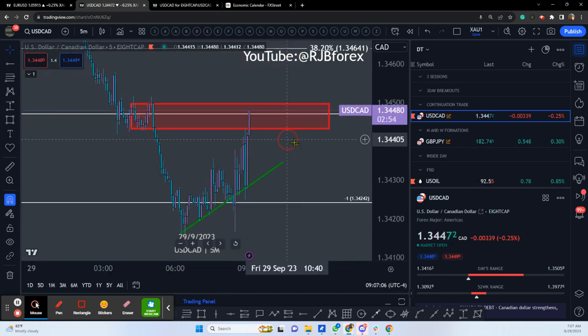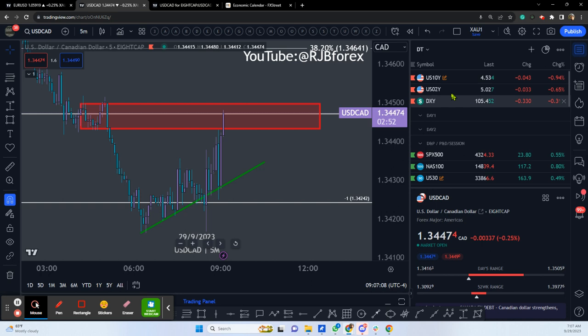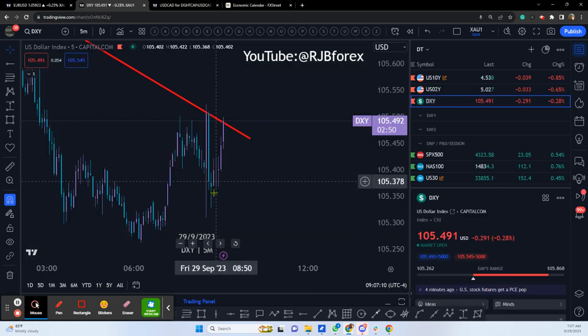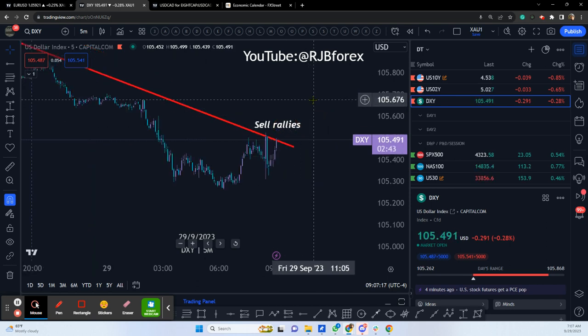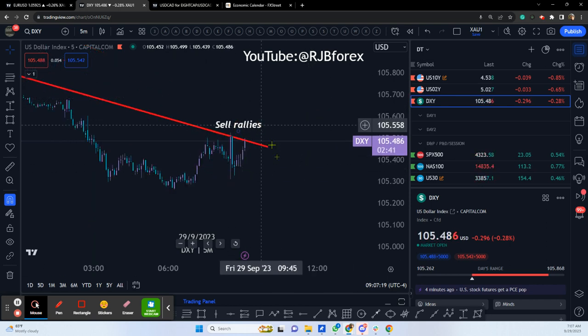Okay, so keeping an eye on this. Let's have a look at what the dollar's doing. It seems to be coming up into shorts. So again, like I said, looking to sell rallies. So perhaps we're pumping before the Wall Street dump.